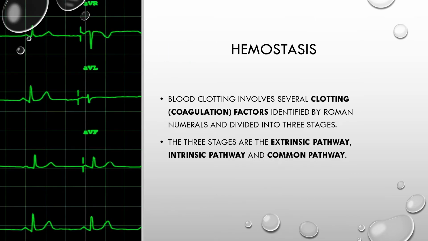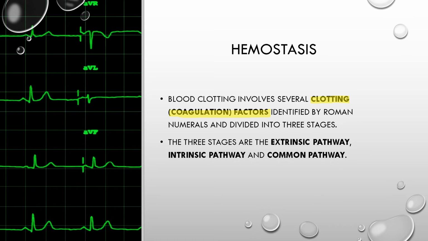Now, blood clotting involves several substances that are known as clotting factors, sometimes also called coagulation factors. These include calcium ions, some enzymes, and various molecules associated with platelets or released by damaged tissues.